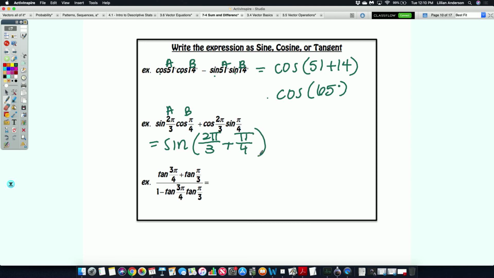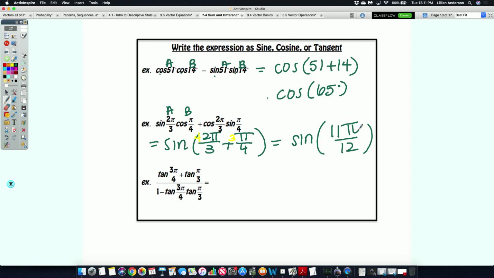Again, in order to add these, I need a common denominator. It'll be 12. So that means I have to multiply this one by 4, this one by 3. So what is it? Somebody might have said it, I just didn't hear you. 11 pi.